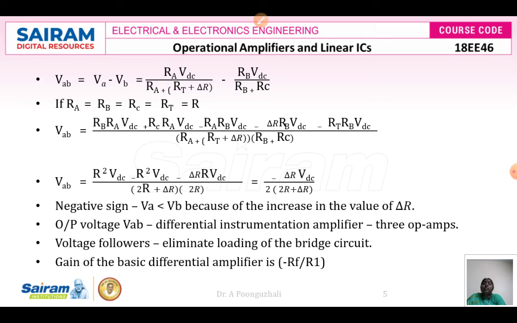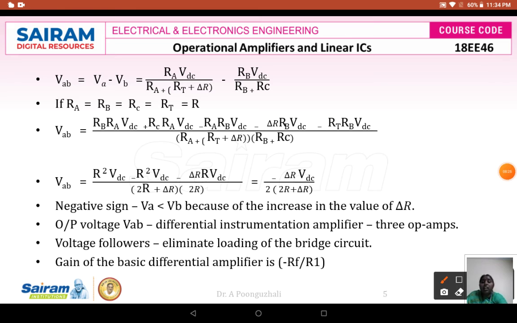So VA value is RA VDC by RA plus RT plus del R, minus RB into VDC by RB plus RC there. So we are going to assume that RA is equivalent to RB is equivalent to RC is equivalent to RT is equivalent to R. So if I simplify, take the LCM and simplify it, this term will get cancelled. You can see that your RA RB VDC, here, and this minus RA RB VDC is going to get cancelled, and you are going to have RC is equivalent to RA.